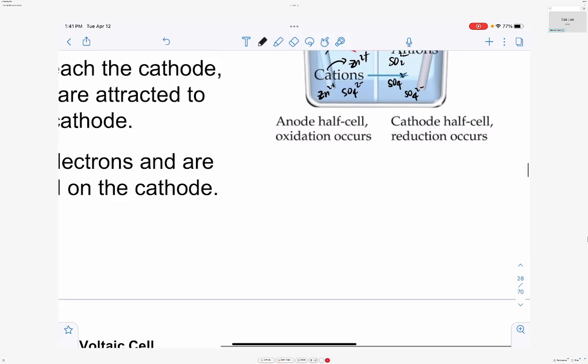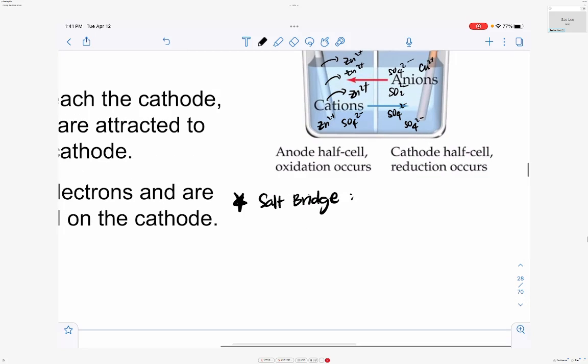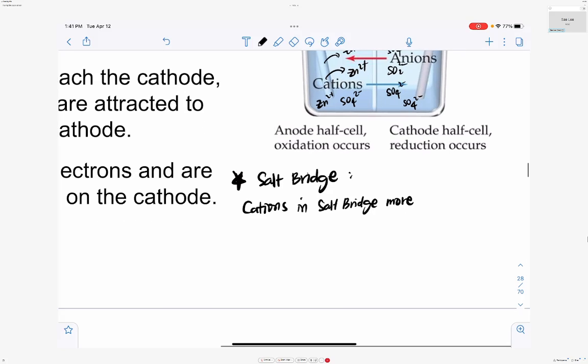So here's a trick to remember the direction of the ion flow in the salt bridge. For the salt bridge, cations in the salt bridge move towards the cathode half cell.